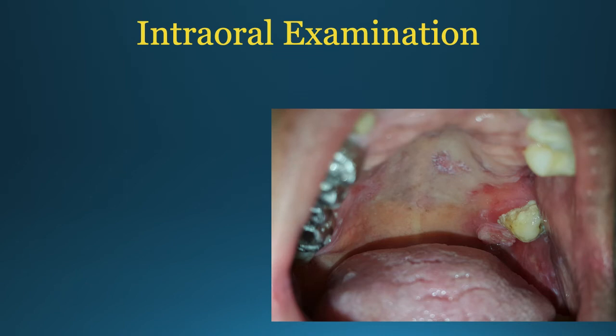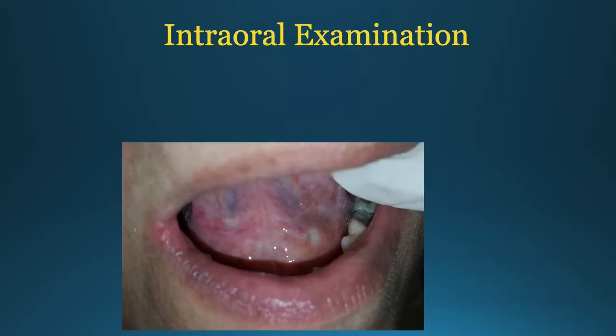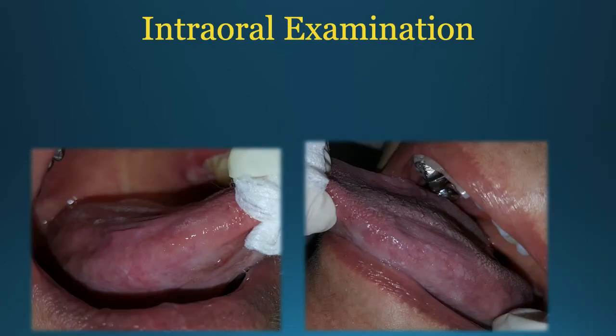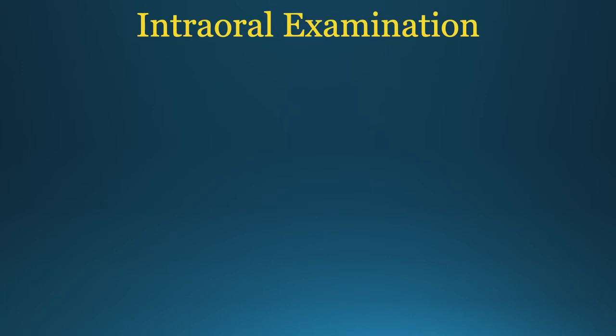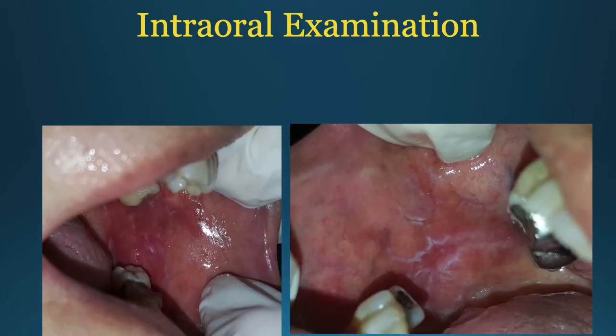Actually, we have multiple lesions in the oral cavity. We have the exophytic mass, a lesion on the palate, a lesion on the floor of the mouth, on both sides of the tongue, and also on the right and left buccal mucosa. I think I will stop here because this side could be very diagnostic for me.